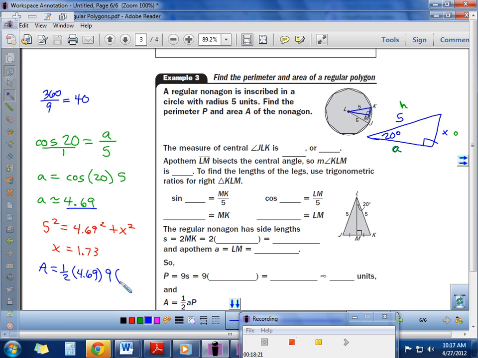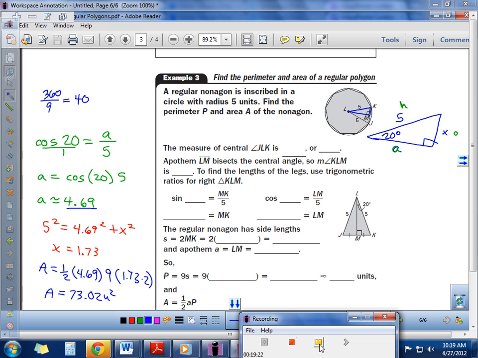It's not 1.73. Oh, it's 1.73 times 2. Type that whole thing in and tell me what you get for area. 73 point what? 02. And then put our units on it. Units squared.